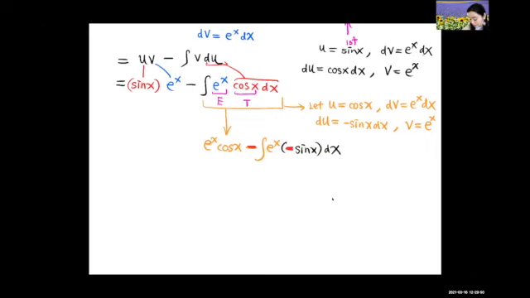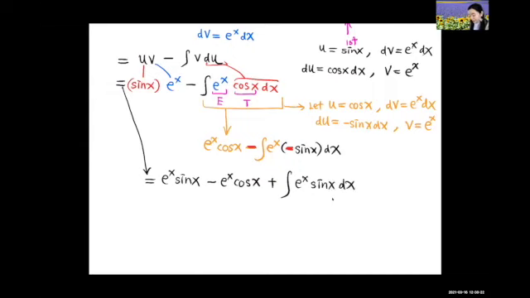Okay, so what do we end up with here? Let's write it down. That is e to the x sine x, then minus e to the x cosine x plus integral e to the x sine x dx.